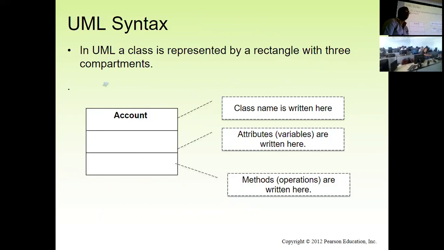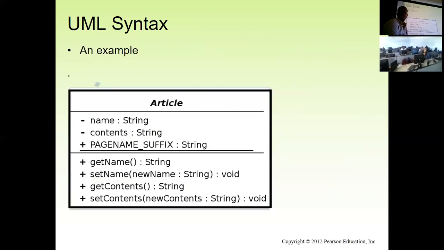We always write them starting with a capital letter, right? And we keep that going. So, an example here, let us identify what each is actually saying. Okay? Now, if you notice there, you see a minus sign, and then you see name.